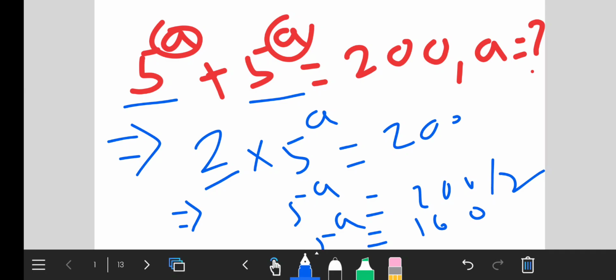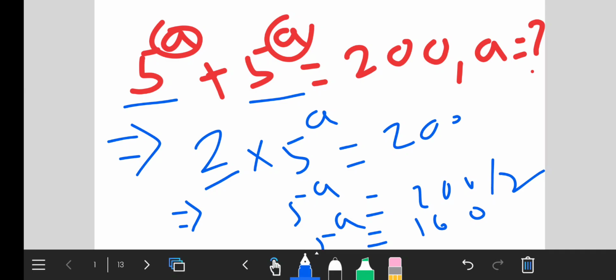Now if we want to figure out a, 5 raised to 2 is 25, and 5 raised to 3 is 25 into 5, which is 125. So 100 is between 5 raised to 2 and 5 raised to 3.